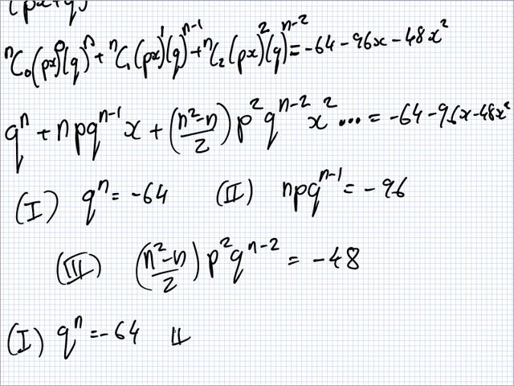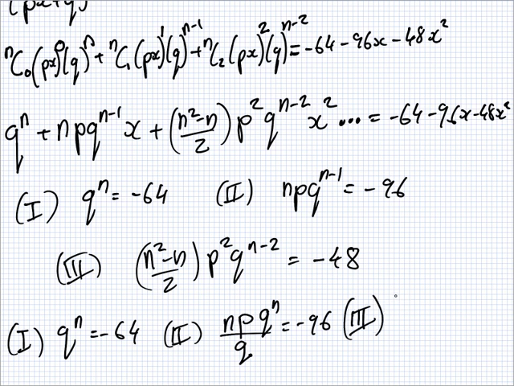The second one, I'll change this into npqn over q equals minus 96. And on the third one, I'll say that's n squared minus n over 2 p squared qn over q squared equals minus 48.